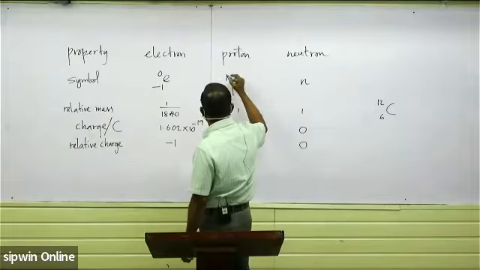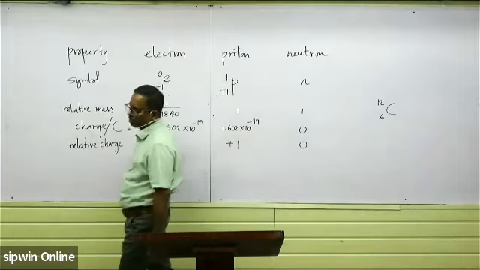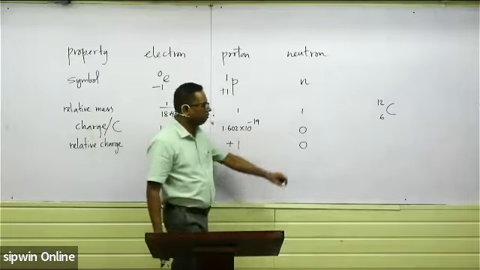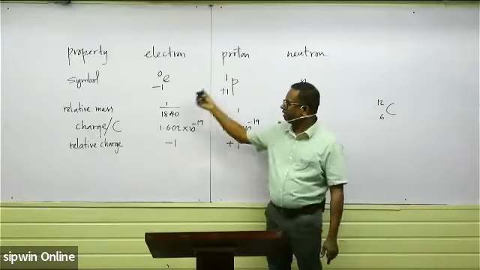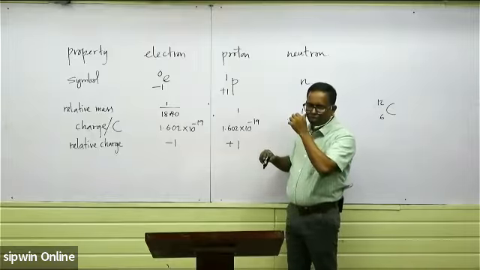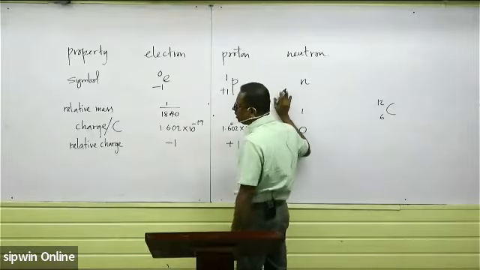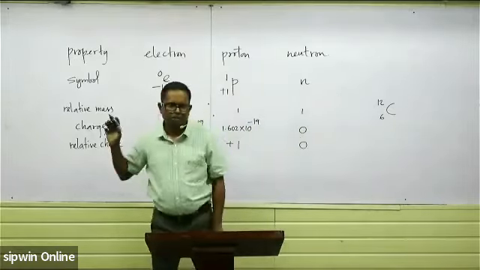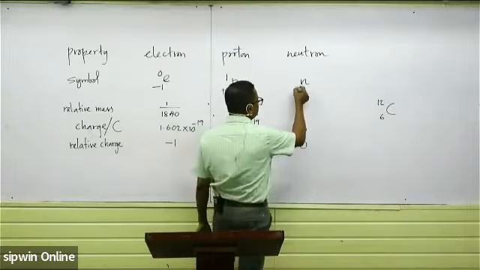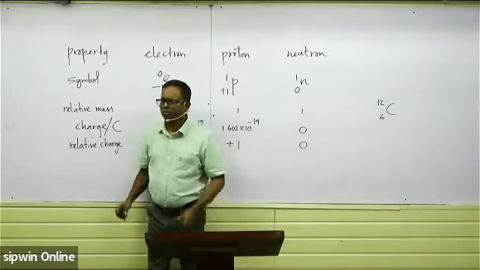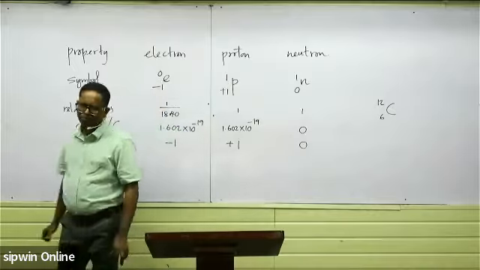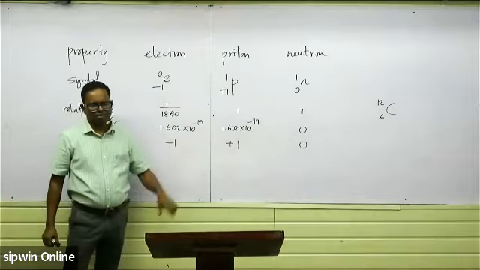Atomic number, mass number, charge, mass. Then the neutron: no charge, so it is 0 here, mass 1. Electrons, protons, neutrons. Okay? So 3 subatomic particles.